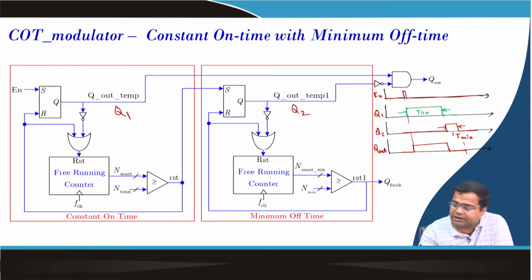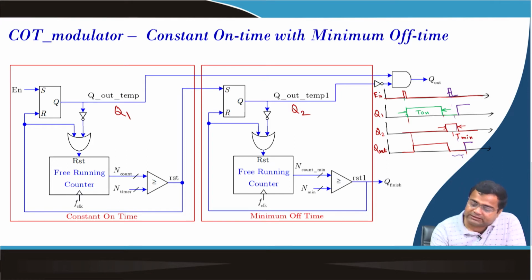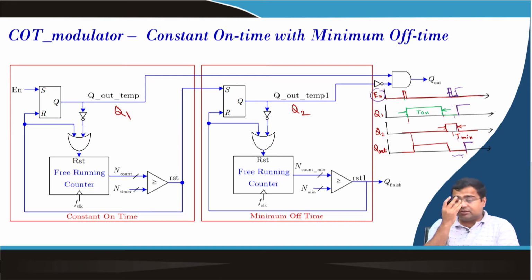That means, if another enable signal comes in, this will only respond after this time. During this time it will not respond, until the minimum off time has elapsed. So Q can go high only here. We need to make sure this enable signal is placed here rather than here, so it should not enable early.